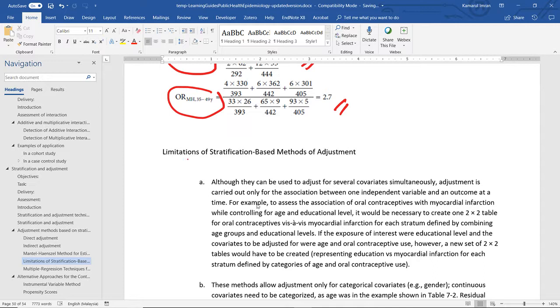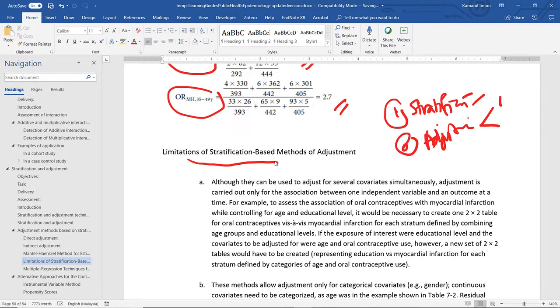So, limitations of stratification. We have shown you that you can do stratification, and then we showed you about adjustment, direct and indirect, and we also showed you the Mantel-Haenszel stratification.